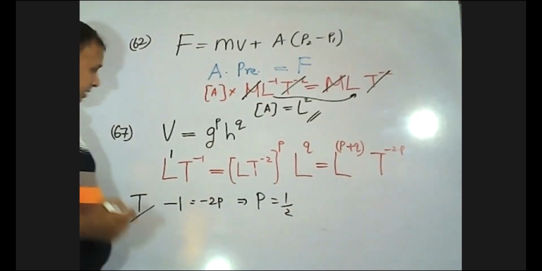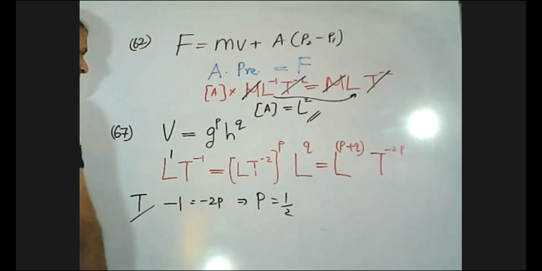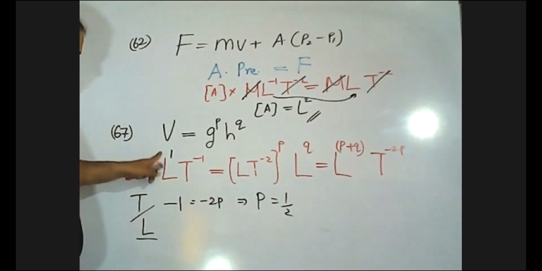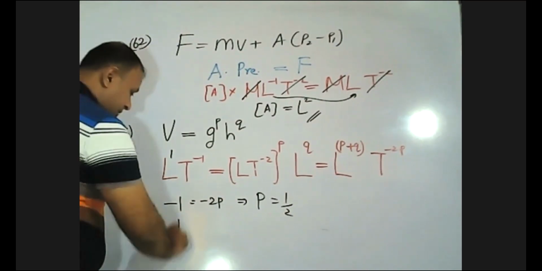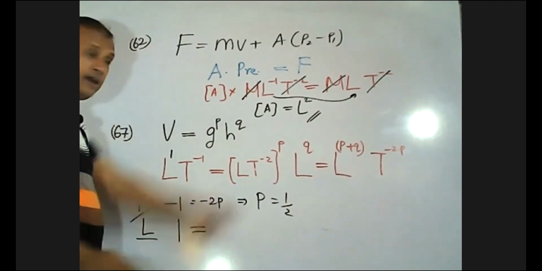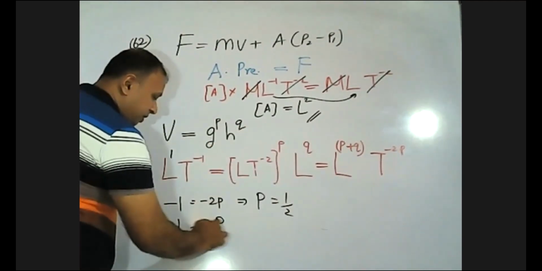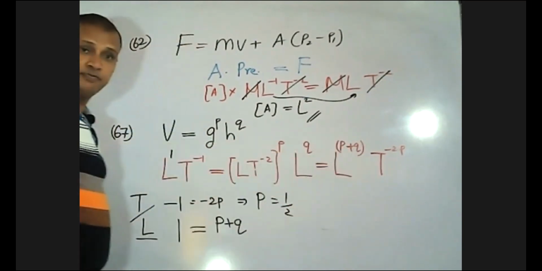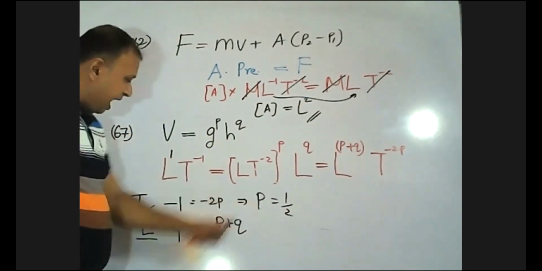Then, if I compare the powers of L, right hand side it has 1, left hand side it has 1, right hand side it has P plus Q. P is half.